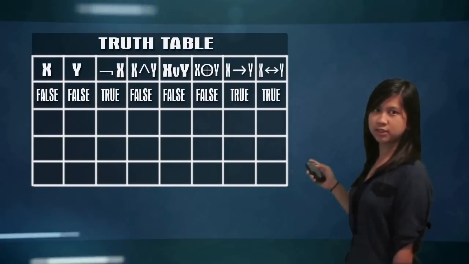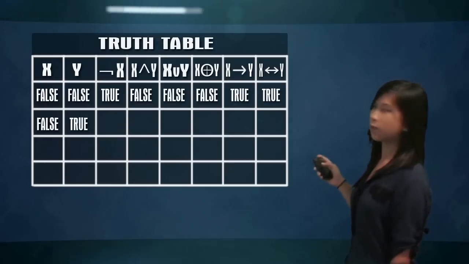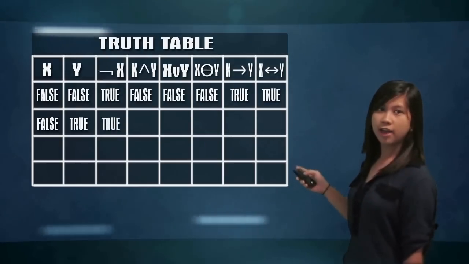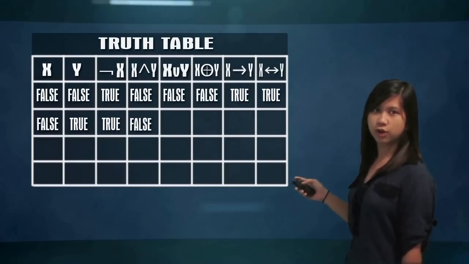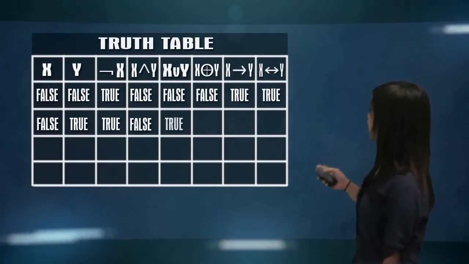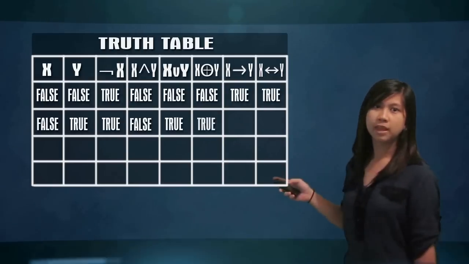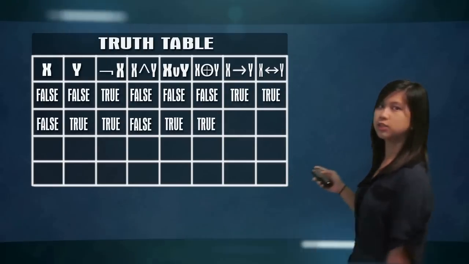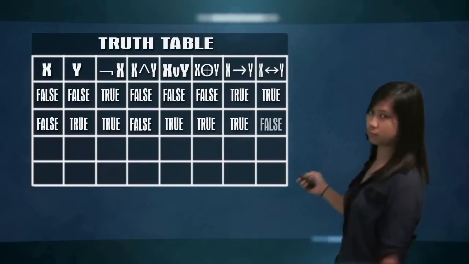And if X is false and Y is true, not X is true, X and Y is false, X or Y is true, X or Y but not X and Y is true, X implies Y is true, and X is equivalent to Y is false.